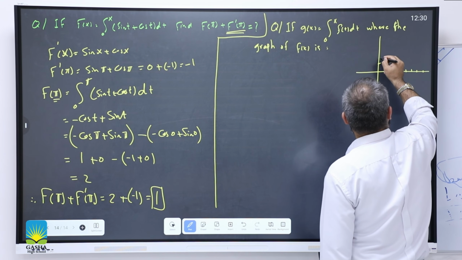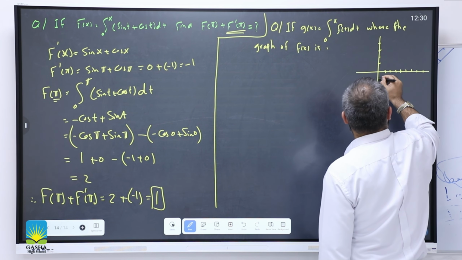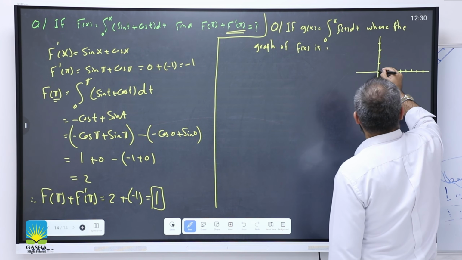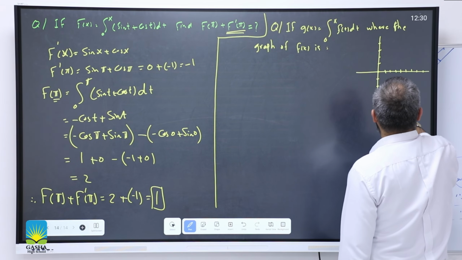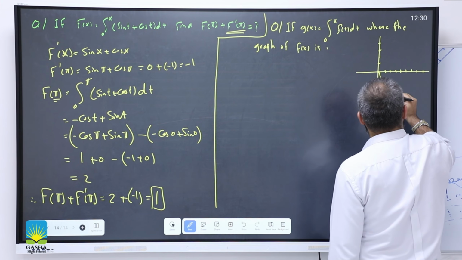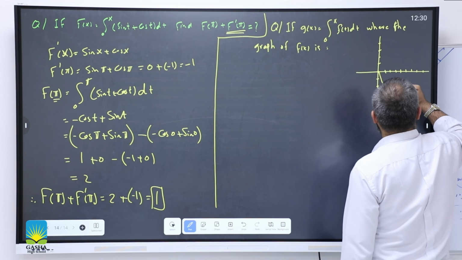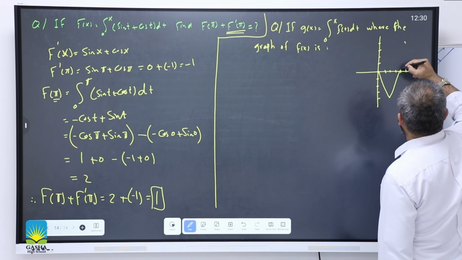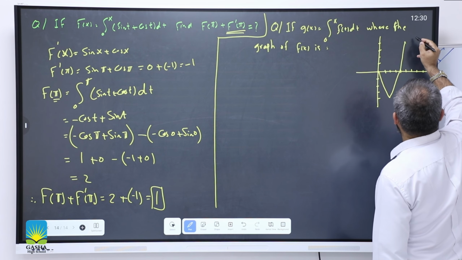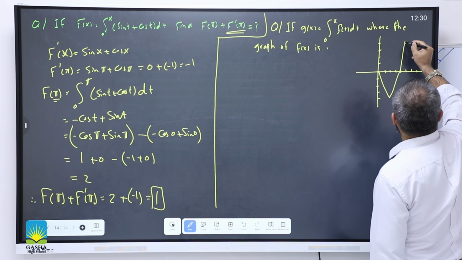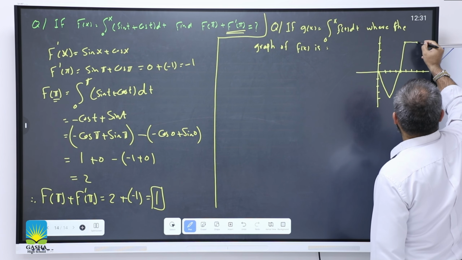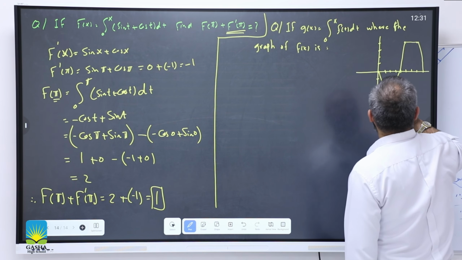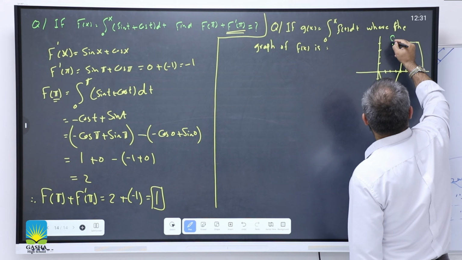The interval starts from 0 to 8. So the 0 here, and this is negative 4, and goes to 4, and also at 5 goes to 5, and here into 8. So this is f of x.